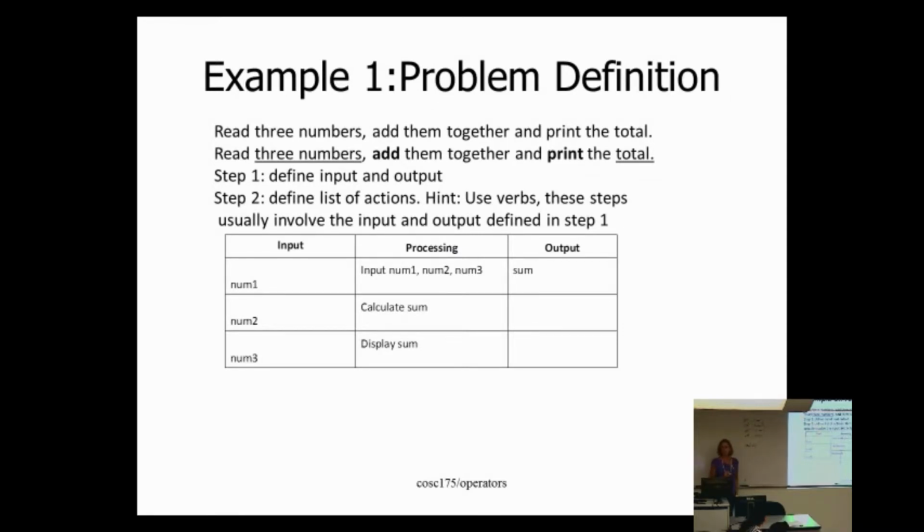The user doesn't care about num1, num2, num3. You tell the user, enter 3 numbers. The human. And then CIN, num1, arrow, arrow, num2, arrow, arrow, num3. Semicolon. No endl with CIN.